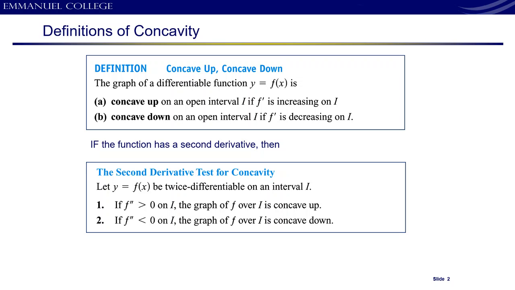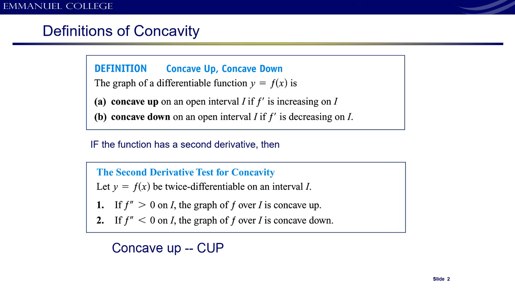Now the key thing is whether the function has a second derivative. If a function is only once differentiable, then you just have to look at it and check its concavity. It doesn't mean there is no change in concavity, it just means you can't rely on the second derivative. But if it's twice differentiable, then you can use the first definition.